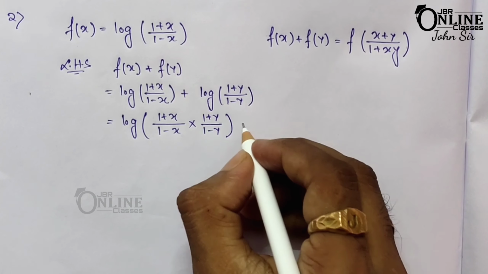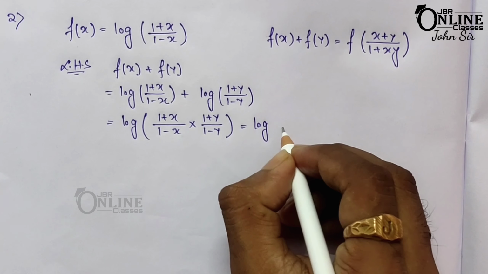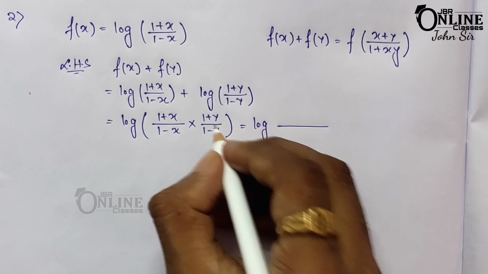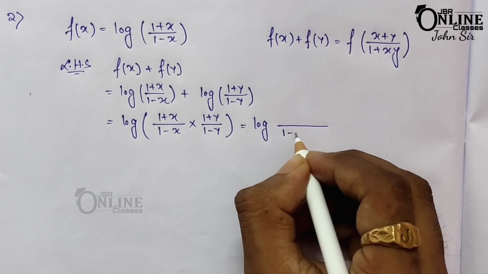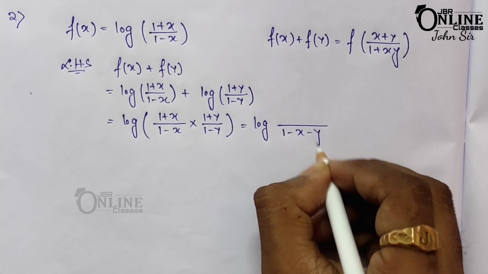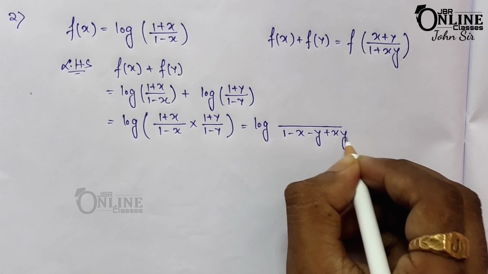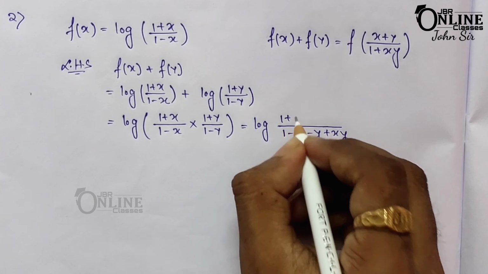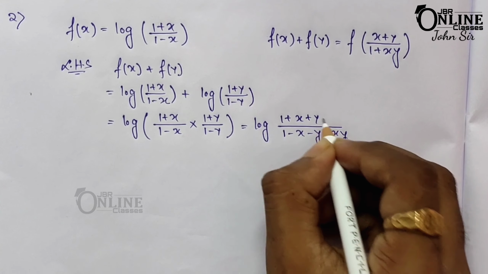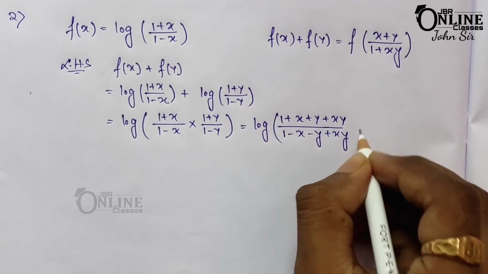Okay, so now log, the lower one, if you multiply this, it will be 1 minus x minus y plus xy, and the upper one 1 plus x plus y plus xy.